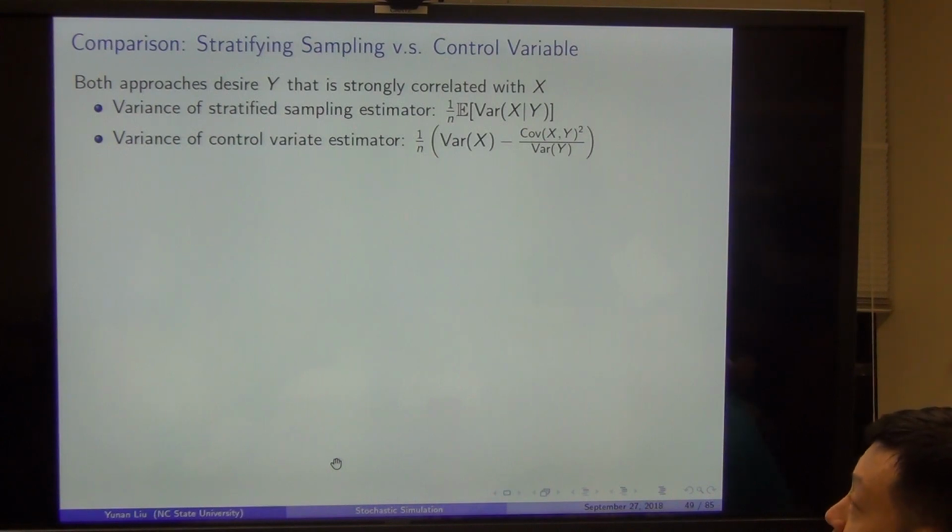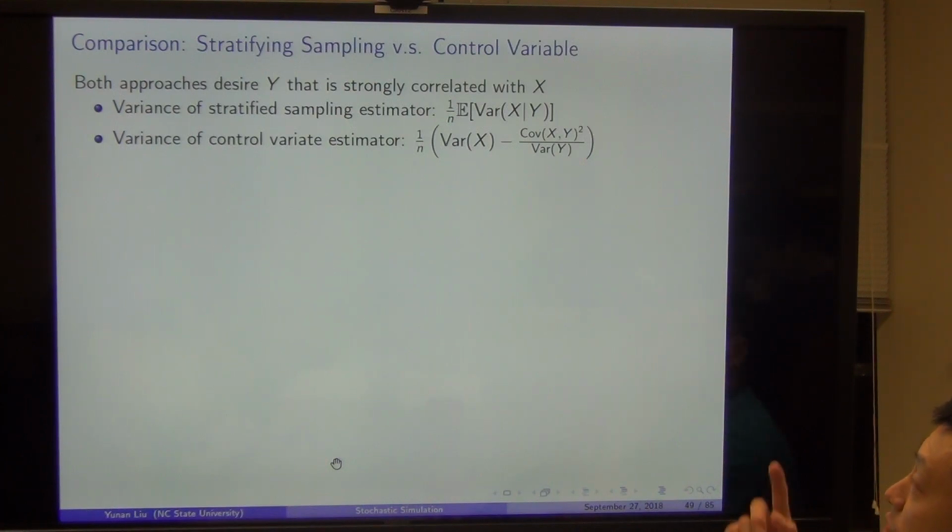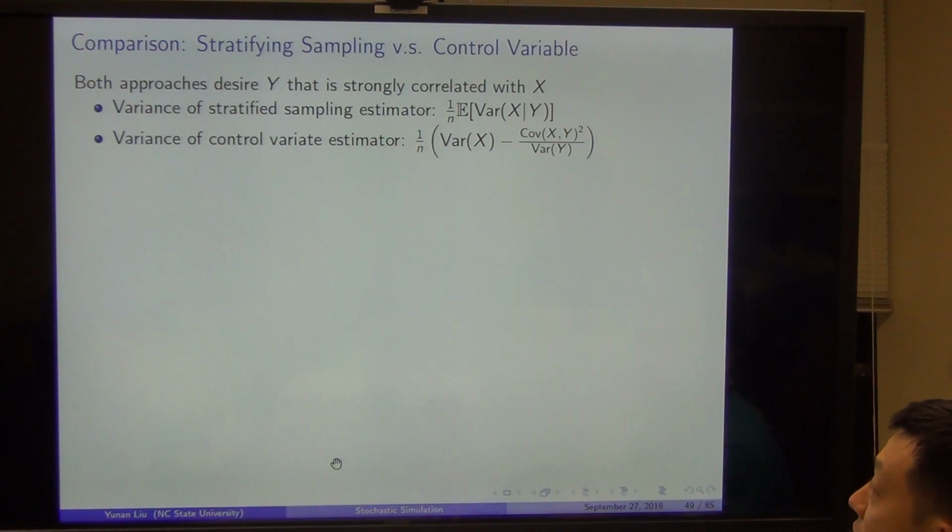Both approaches require a Y as a candidate conditioning variable that should be strongly correlated with X. When we talk about control variate, we want Y to be related to X. Negative or positive doesn't matter. The variance of the stratified sampling estimator is this, something we just showed. And the variance of the control variate estimator is this, if you are able to choose the optimal c star. The c star has to be optimally chosen.